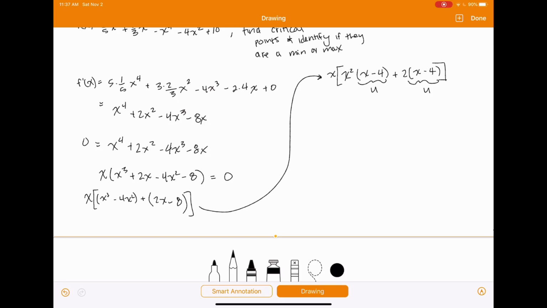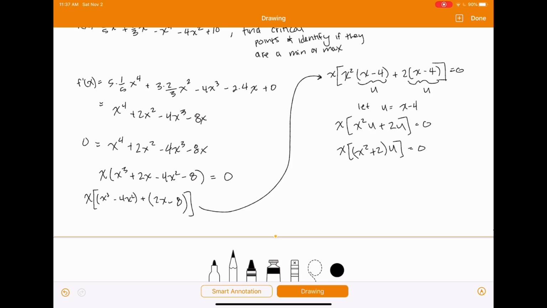All right, so we're going to say let u equal x minus 4. So then if we rewrite that, we're going to get x squared u plus 2u. So then we can go ahead and combine like terms. We're going to get x squared plus 2 times u equals 0.